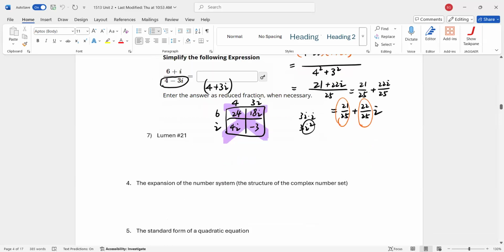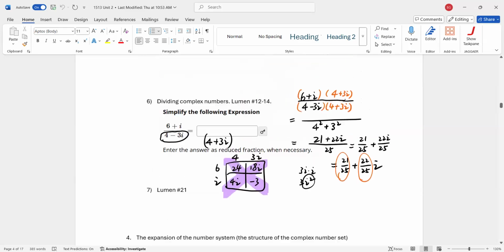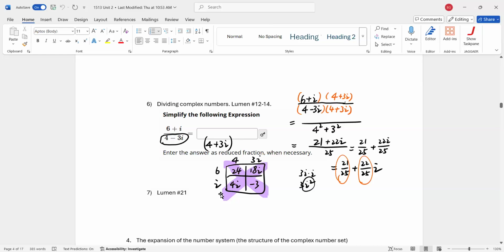Let's look at the question number 21. I think question number 21 is not about division. Let's go to 12 to 14 and find a problem there.